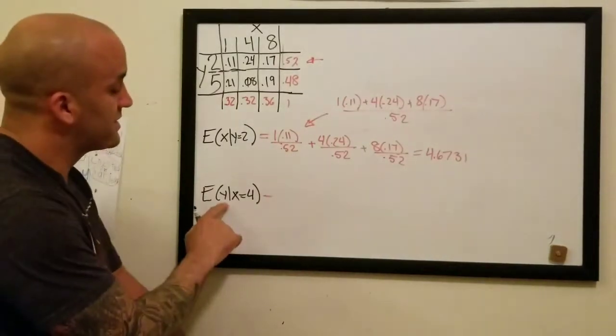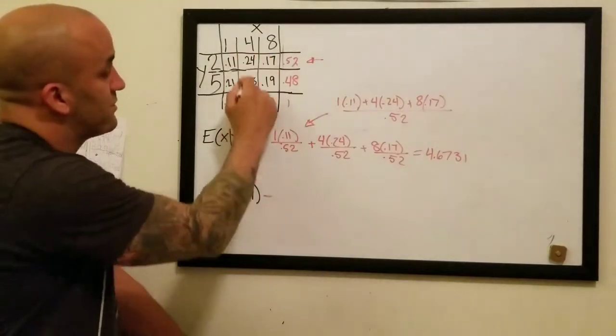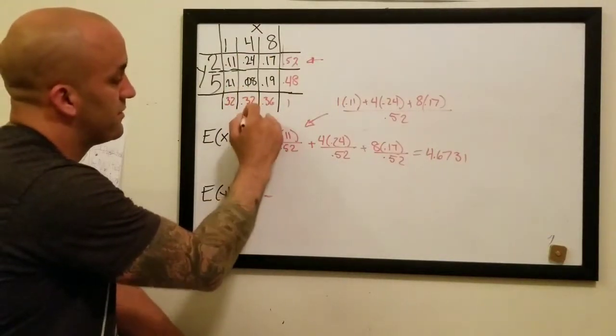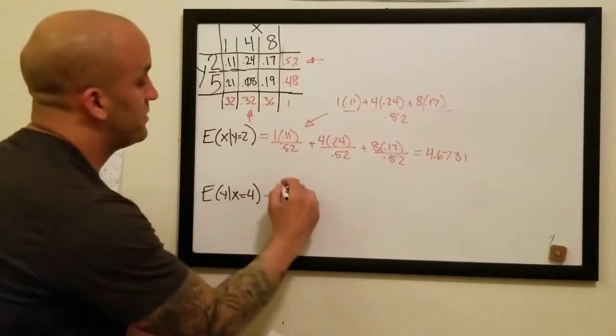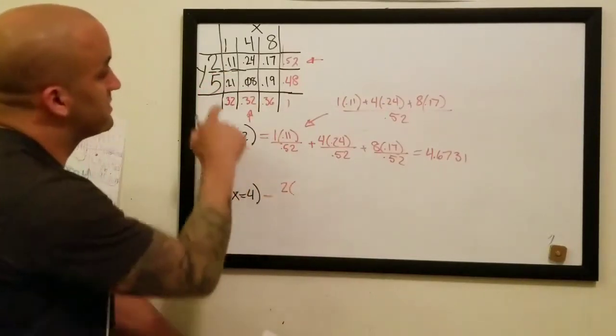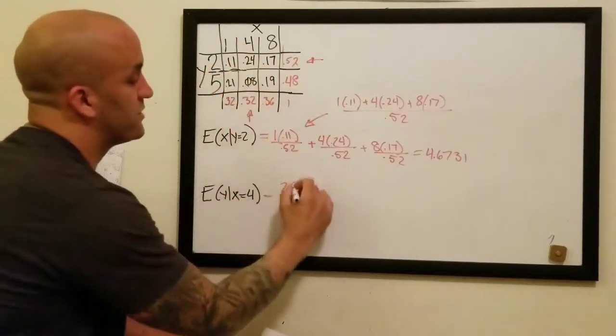Now we're looking at the expected value of y such that x is 4. So our x equals 4 column is right here. We take our y value, which is 2, times our joint probability that y is 2 and x is 4, which is 0.24.